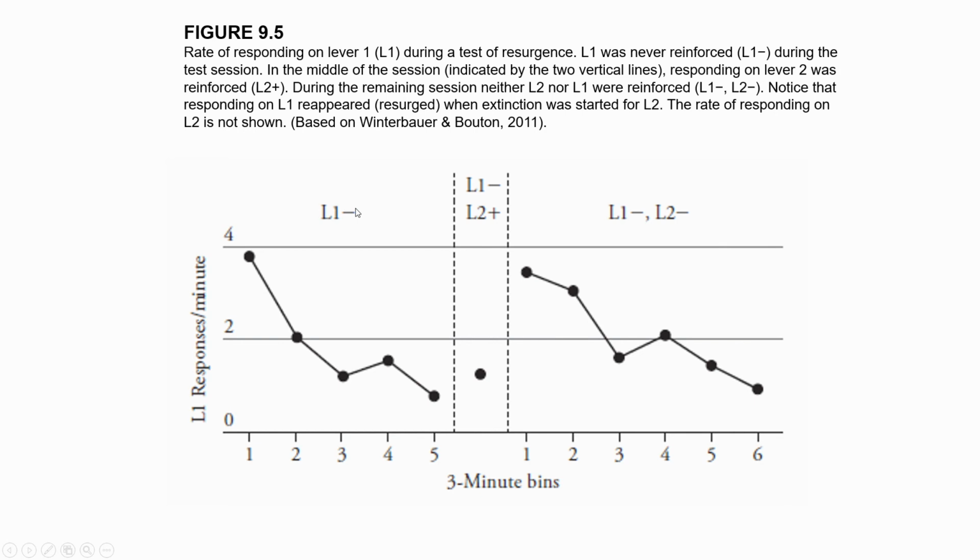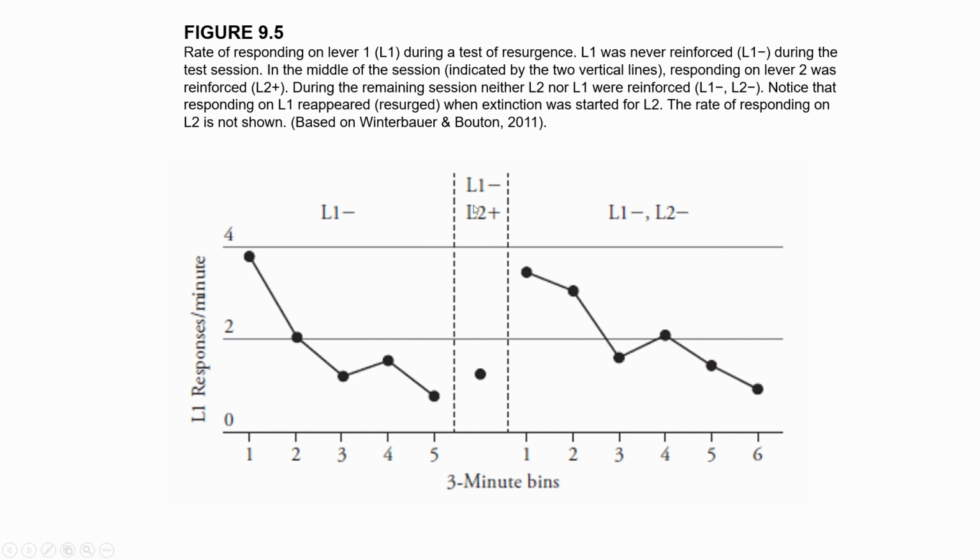It means that pressing lever 1 never resulted in getting access to food. And so at the very beginning here, we can see that over time, when pressing lever 1 doesn't result in getting food, we see a decrease in responding to lever 1. So that's pretty much extinction, right? So you don't get food for pressing lever 1, so you push lever 1 less and less and less.